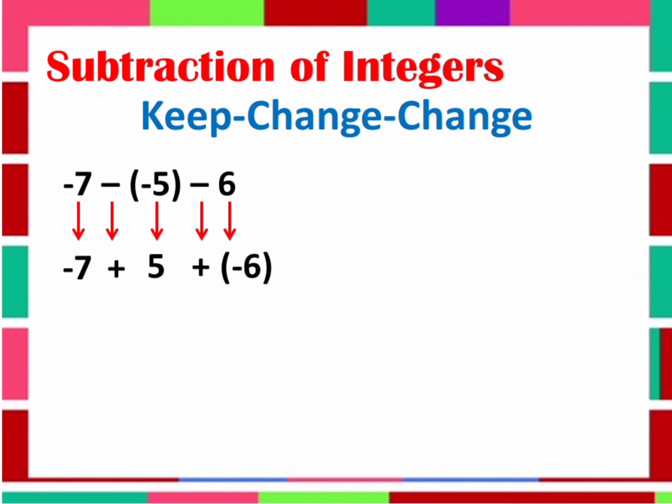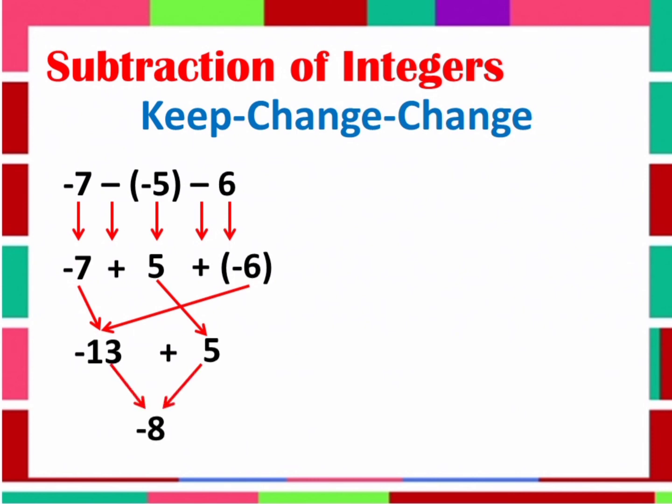So proceed to addition rule. To make it easy, add first the integers that have a common sign or same sign. So negative 7 and negative 6 will be added and it will become negative 13 plus 5 is equal to negative 8.